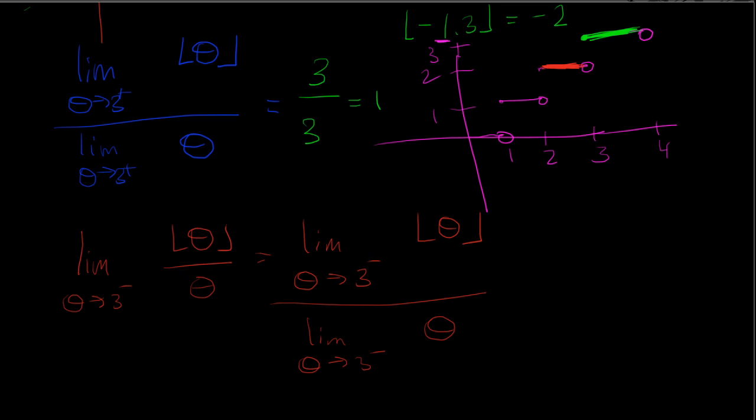And that approaches 2. So the y value here is 2. So this is just going to be 2. And as theta approaches 3 from the left, theta approaches 3 as well. So in this case, the left-hand limit is 2/3 and the right-hand limit is 1.